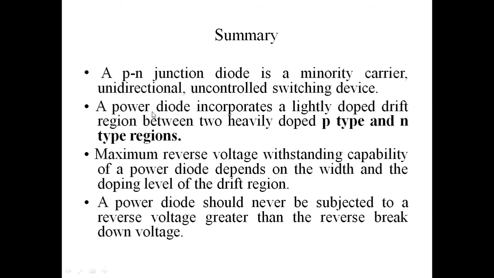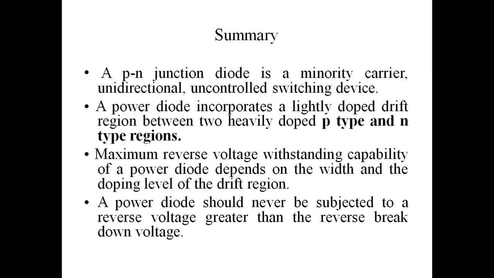Now the second point is the power diode incorporates a lightly doped drift region between two heavily doped P type and N type regions. This is to increase the strength of the diode and give it a range of voltage and current.